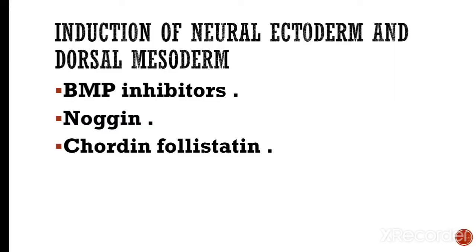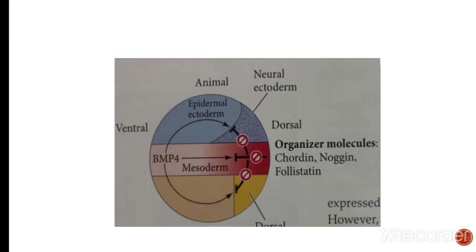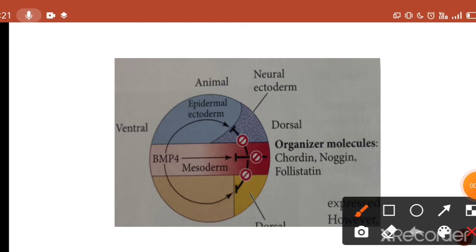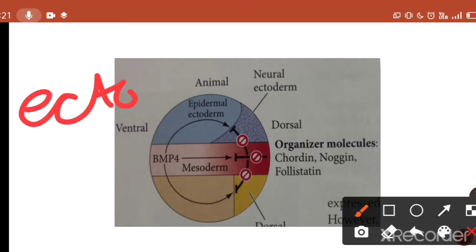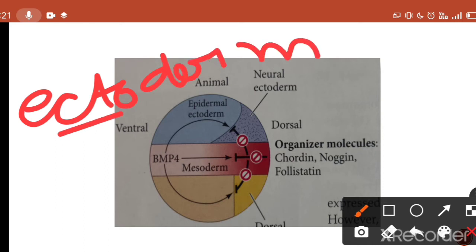In this, I'm going to talk about the BMP inhibitors: noggin, chordin, and follistatin. First, the BMP inhibitors. The ectodermal germ layer that is formed after gastrulation is induced.